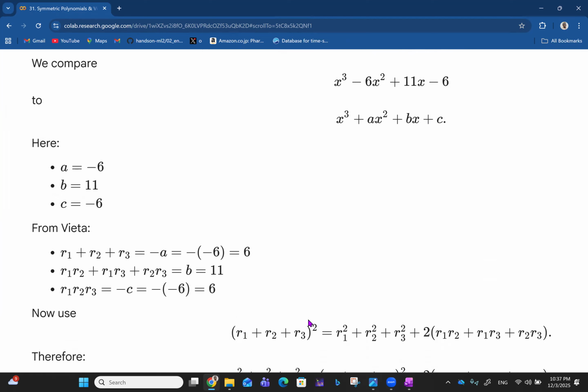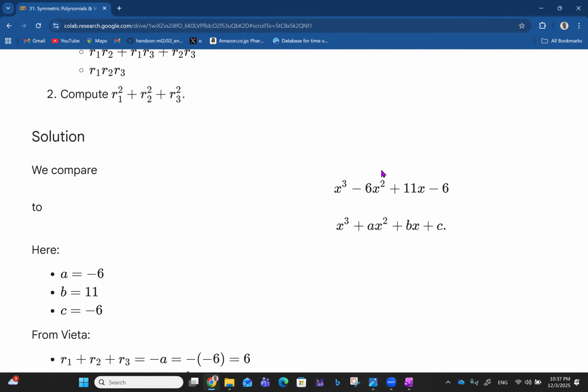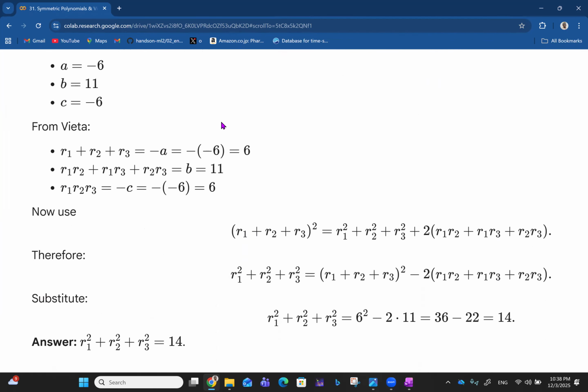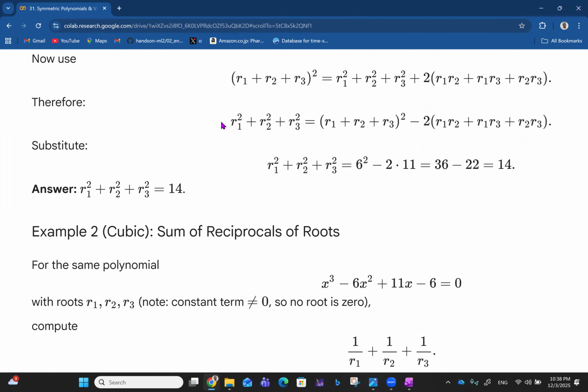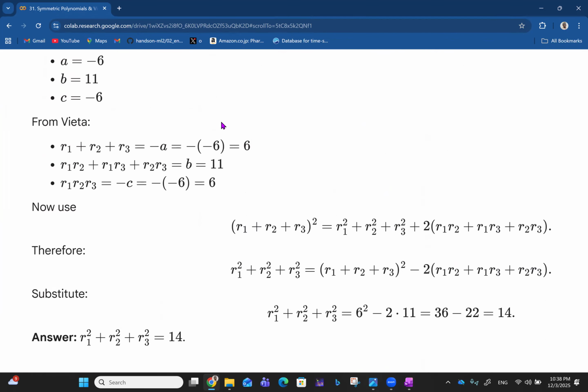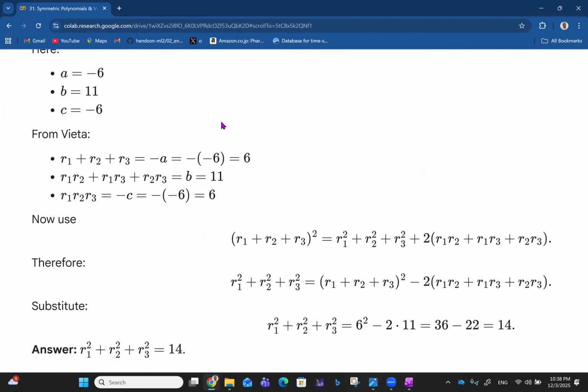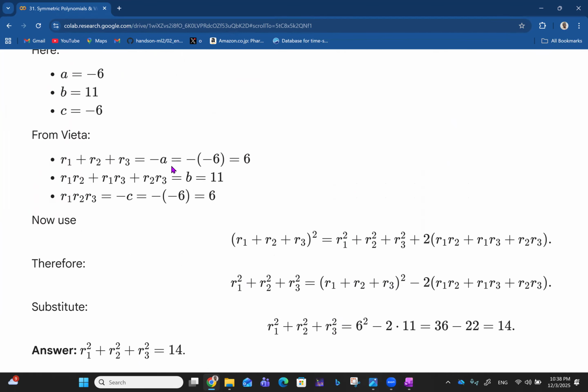Now, if we use this idea, we want to compute R1 squared plus R2 squared plus R3 squared. Whenever you have a situation like this, the first thing to do is to forget about R1 squared plus R2 squared plus R3 squared first. Just take R1 plus R2 plus R3, which you already know, and square it.